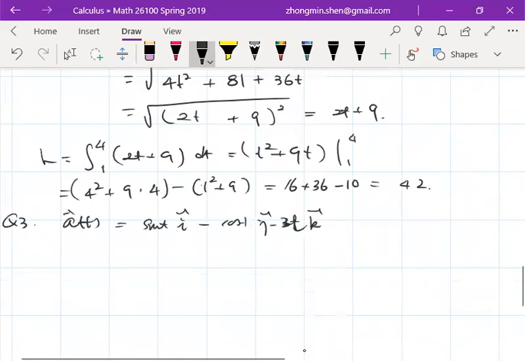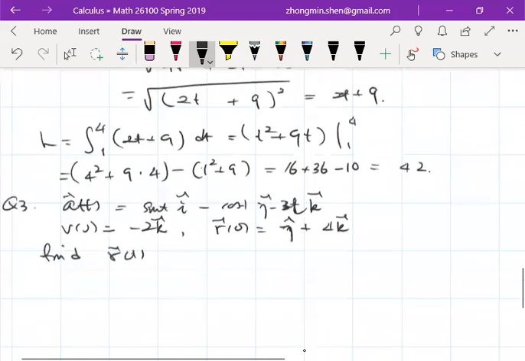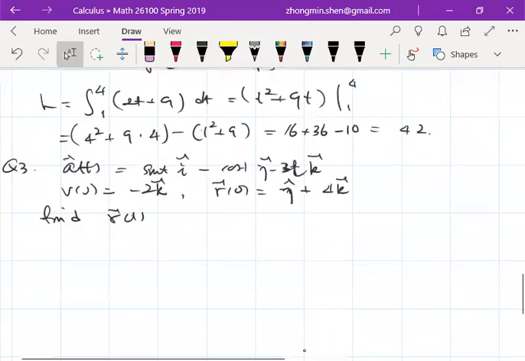We have the initial velocity, negative 2k, and the initial position, plus 4k. We want to find the position formula, so just do it step by step.